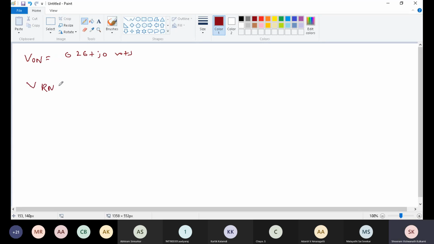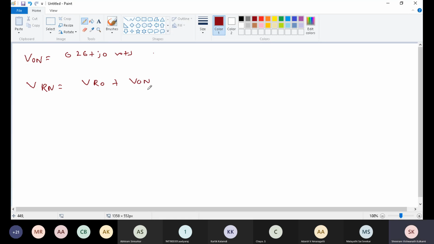V_RN formula: V_RN equals V_RN0 plus V_ON. See here, I can write this one.